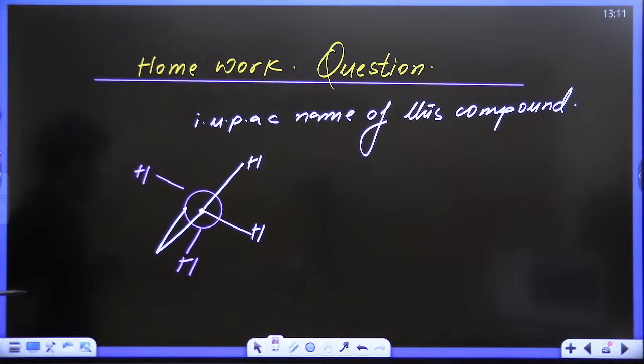This is your compound. Can you see clearly, everyone?